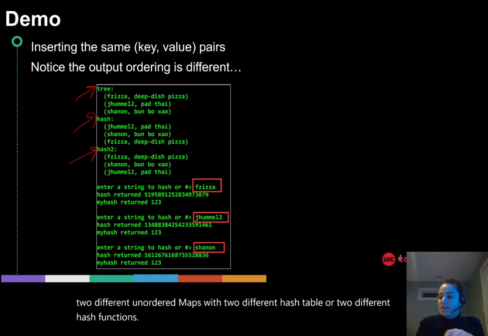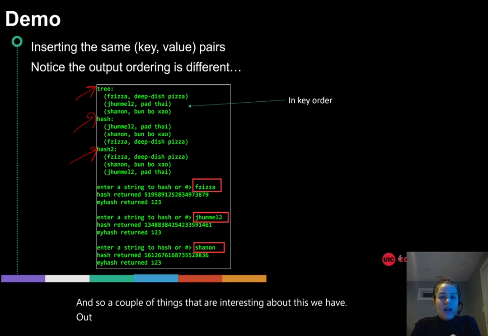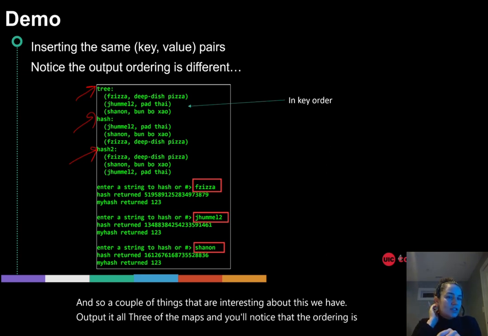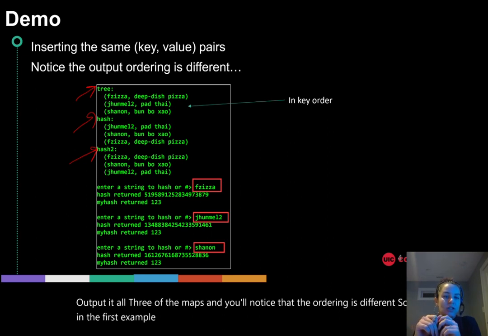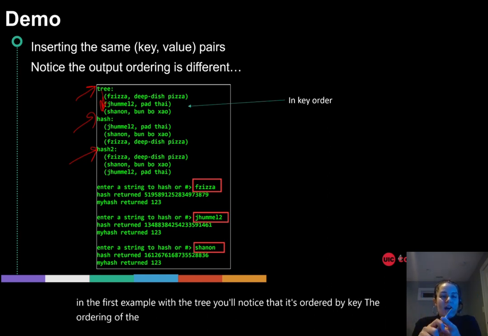And so a couple things that are interesting about this. We have outputted all 3 of the maps, and you'll notice that the ordering is different. So in the first example with the tree, you'll notice that it's ordered by key. So F. Zizza, J. Hummel, and Shannon are in alphabetical order.